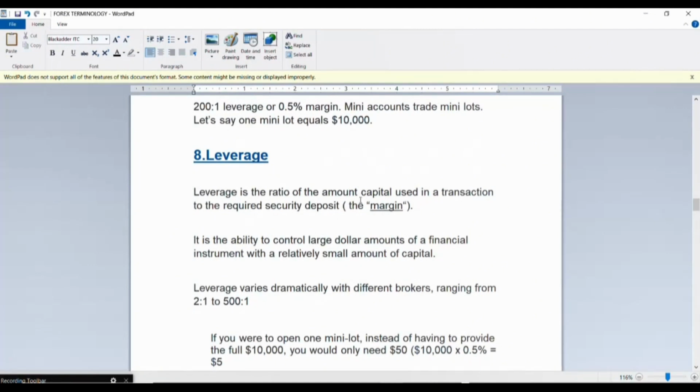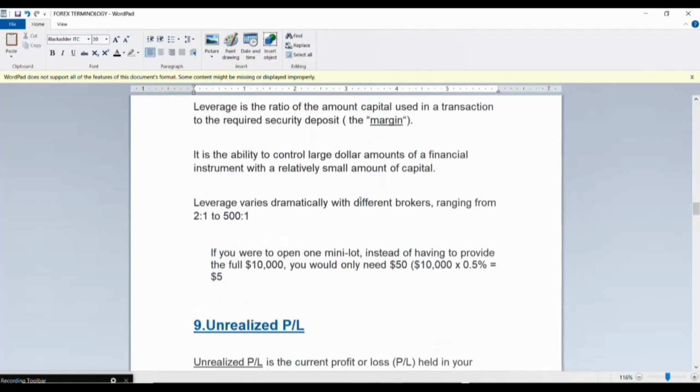So a leverage is simply an account multiplier, and it is always given as a ratio. You can have a leverage of 1:2, 1:5, 1:20, 1:50, which means if you take a leverage of 1:100, for every margin that you place, your broker will multiply your account 100 times.